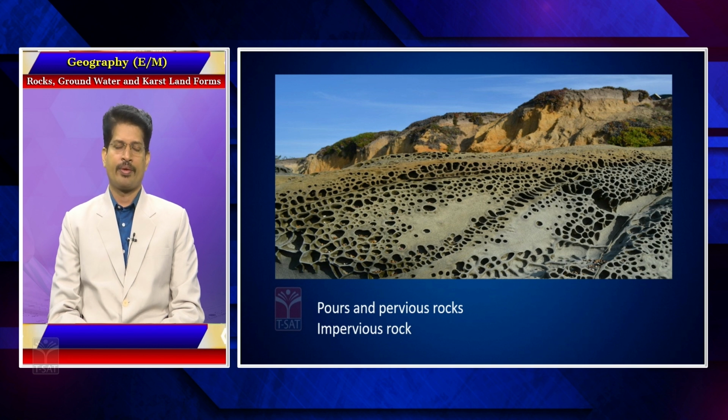Otherwise, when a rock is impervious, there is no possibility for formation of a water table. That is the reason why, when we have a borewell to extract water at different places, sometimes we may not be able to get water, when the rock is not porous and pervious.